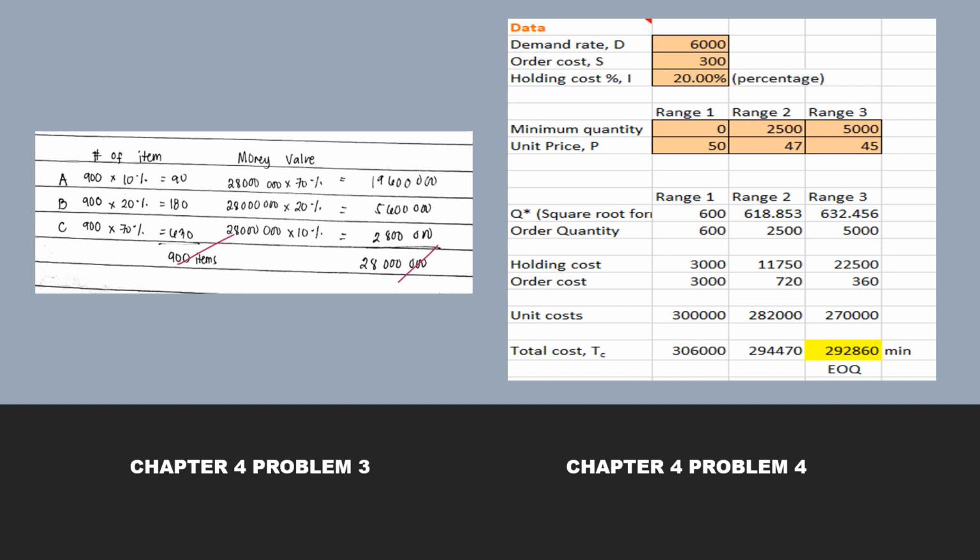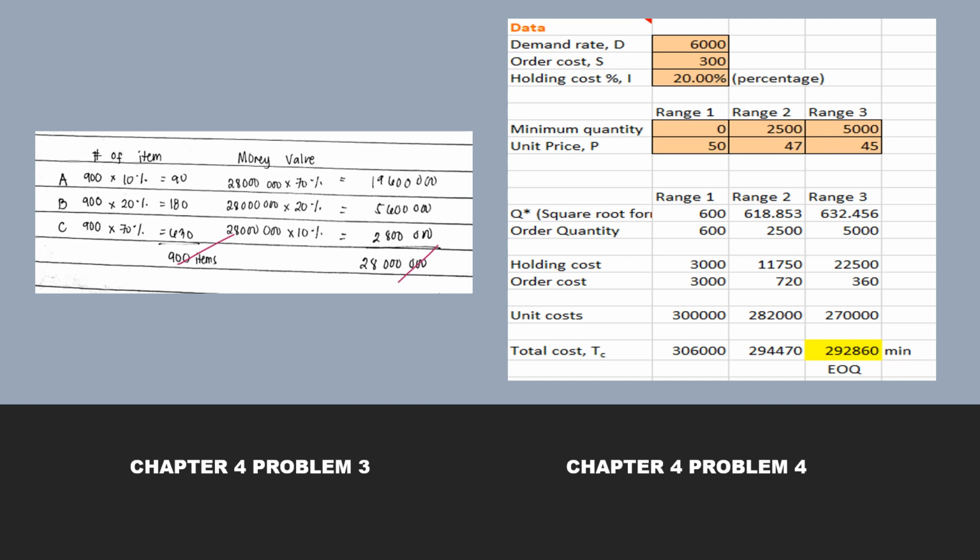For this problem, the EOQ is 600. At 600, the holding cost is 3,000, as well as the order cost. The unit cost will be demand times the unit price, which is 300,000. So total cost is 306,000.